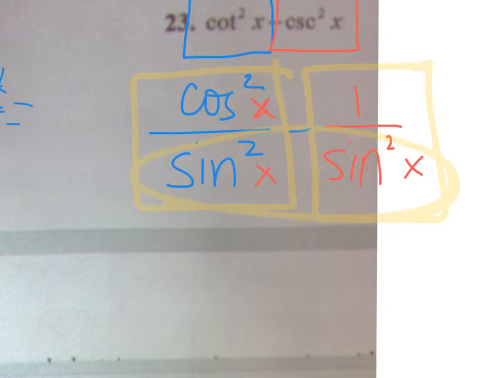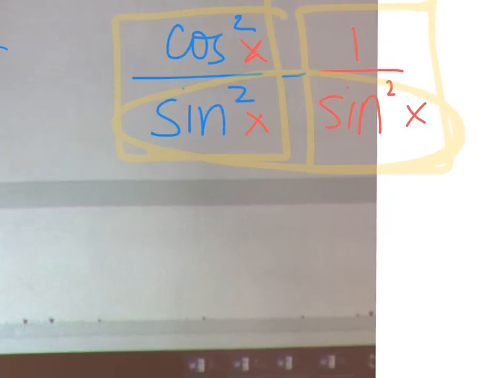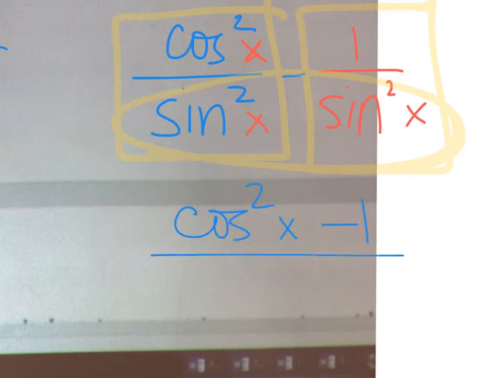And sure enough, I have the same denominators, which means I can do my subtraction in the numerator. So I have cosine squared minus 1, that's the numerator, over a single denominator of sine squared. Okay, so I'm just doing some subtraction of fractions, but these fractions happen to have trig words in them.